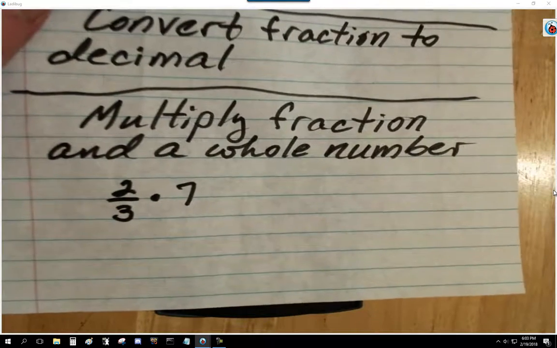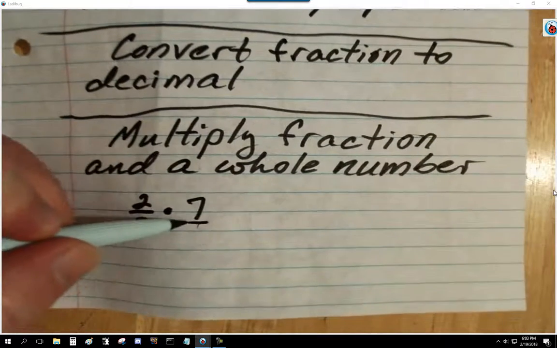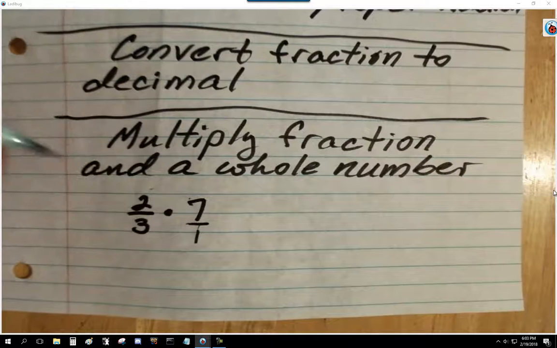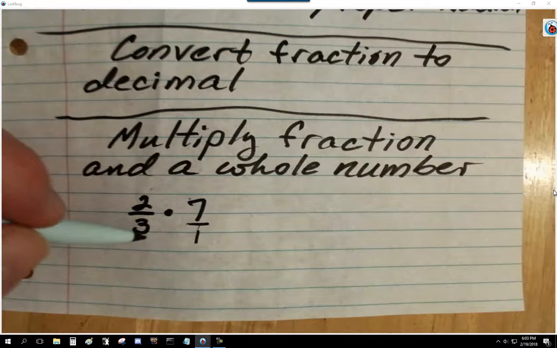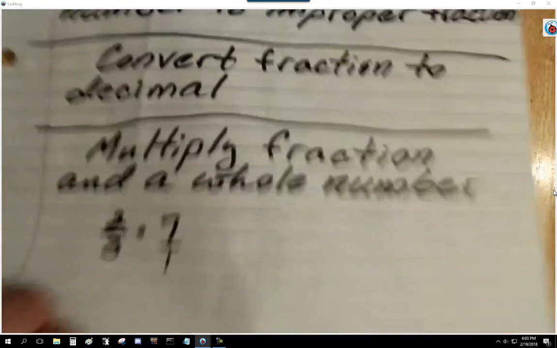Two-thirds times 7. Now, if you did it by hand, you would think of that 7 as a 7/1, and then numerator times numerator, 2 times 7 would be 14, and 3 times 1 would be 3. 14/3 is 4 and 2/3, right?